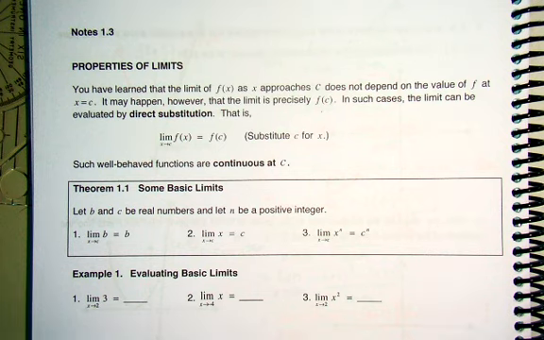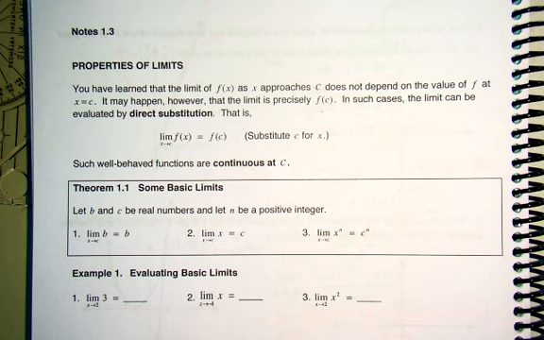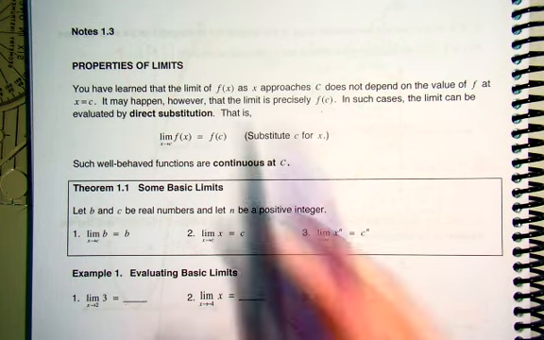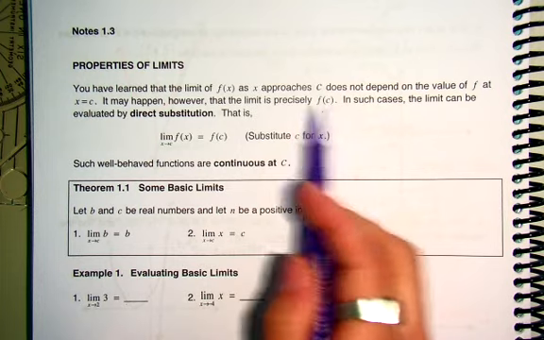So let's get started. You have learned that the limit of f of x as x approaches c does not depend on the value of f at c, right? We've talked about this. It could be that the value doesn't exist, there's a hole there, but the limit still exists. But it also could be, like with a straight line or a quadratic, that the limit is precisely equal to the value of your function there.